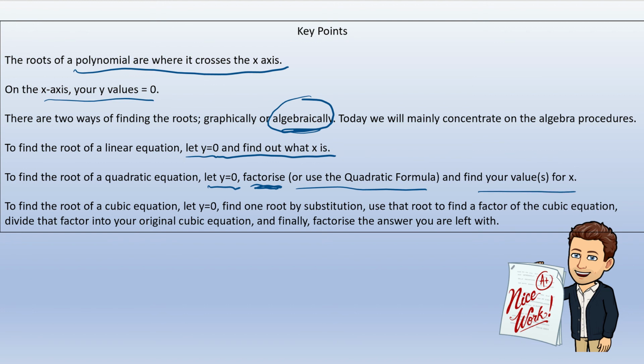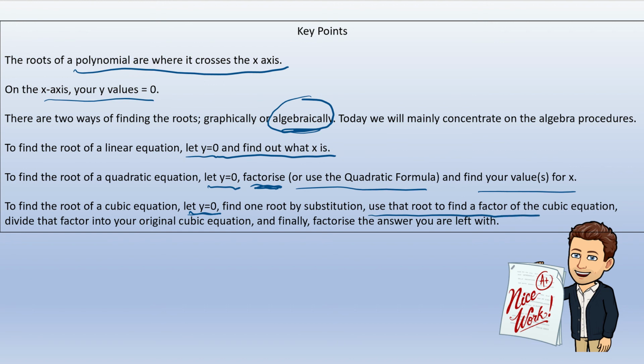And then what we had a look at today, to find the root of a cubic equation, you let y equal 0, find one root by substitution, and that's like trial and error as well, so it'll either be 1, 2 or 3, or -1, -2, or -3 that goes in. Again, use your calculator at that step, and the more practice you get at those, the quicker you'll become at getting your answers.